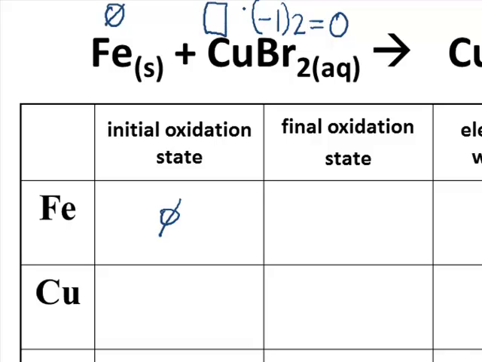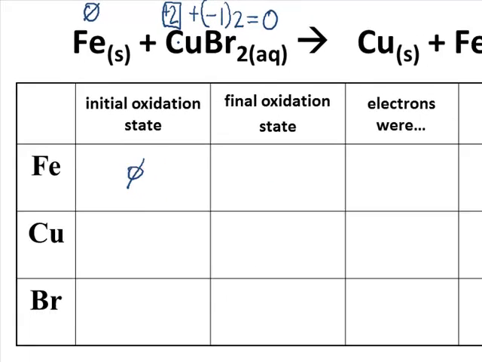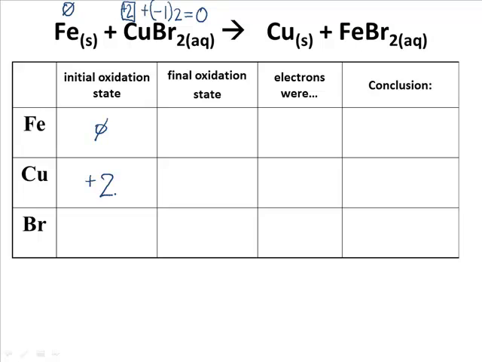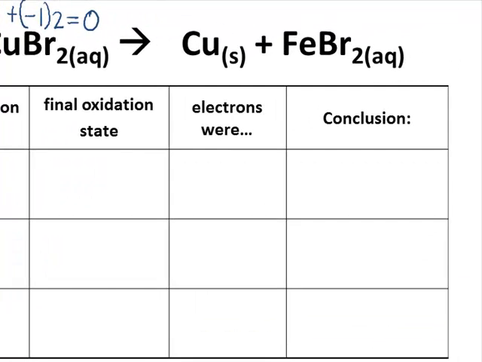So what plus 2 -1s will give me 0? The answer is +2. So copper's initial oxidation state is +2, the same as what its ionic charge would be, and bromide's is -1, also the same as its ionic charge. As I move to the product side to determine the final oxidation states, I apply the same thinking.